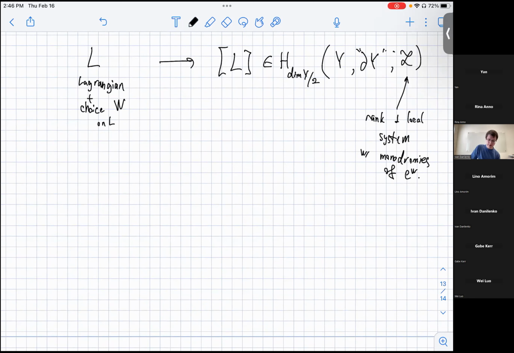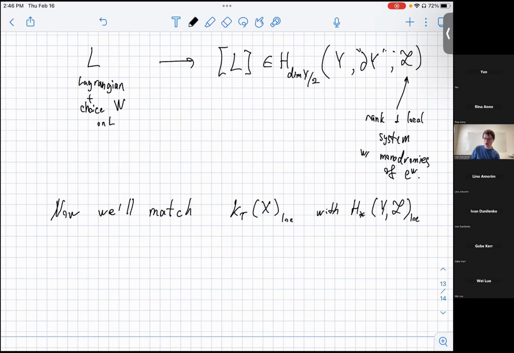So now we will match the localized K-theory of the core, or if you want the K-theory of the original space, with these homologies, which I will also write with a log, meaning that localizing with respect to parameters here is exactly keeping them generic, algebraically independent.